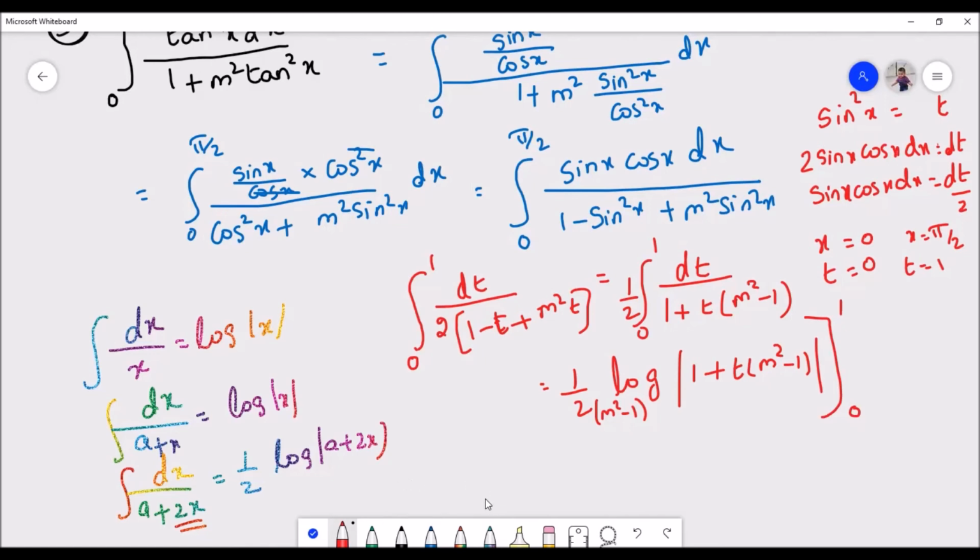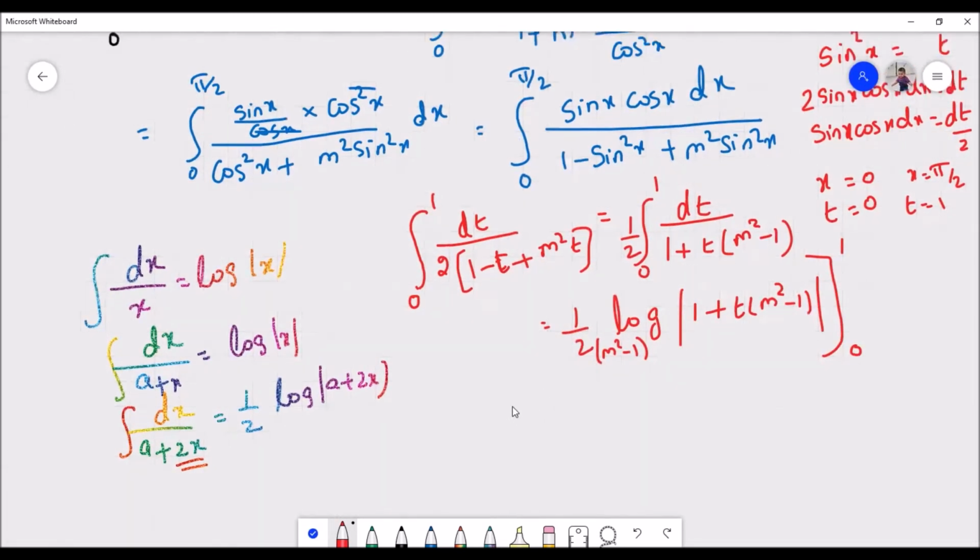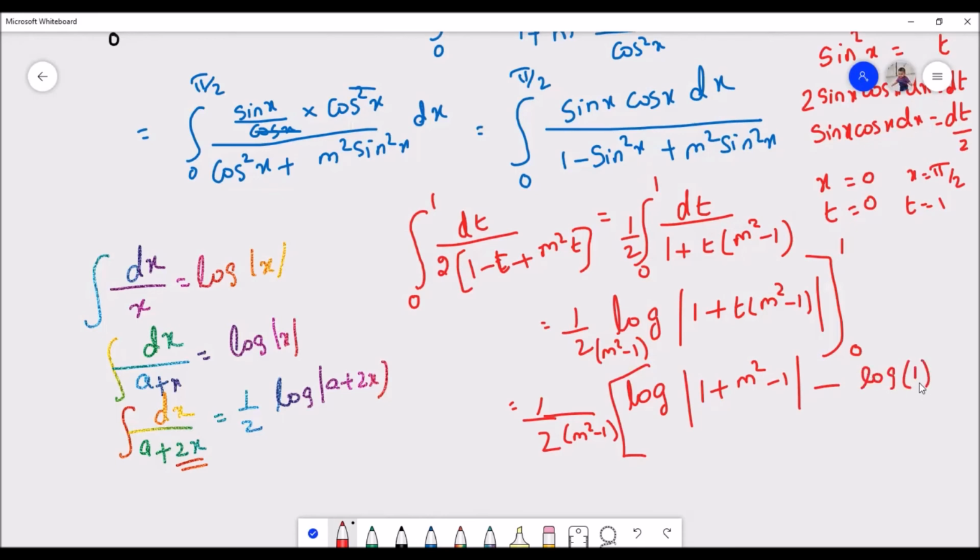So now let us apply the limits. Half into 1 by m square minus 1 is there here. Log, upper limit is 1, so in the place of t we apply 1. We get log mod 1 plus 1 into m square minus 1, that is 1 plus m square minus 1, upper limit, minus lower limit, log of 1 plus t is 0, so log 1.